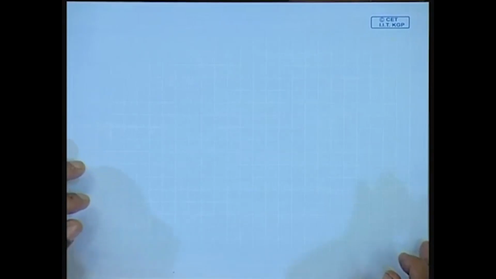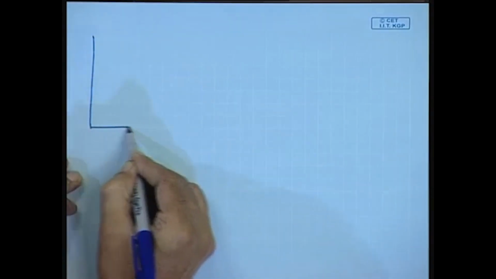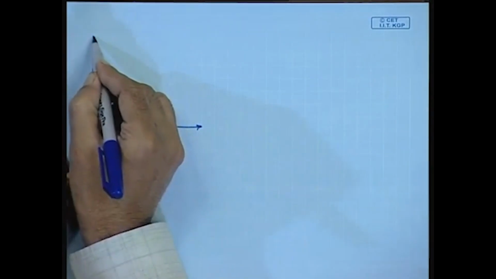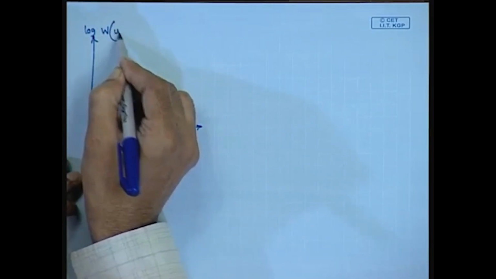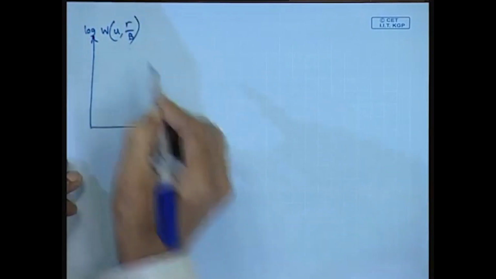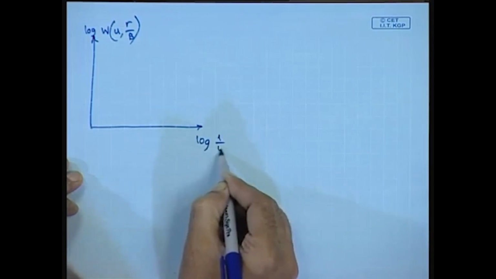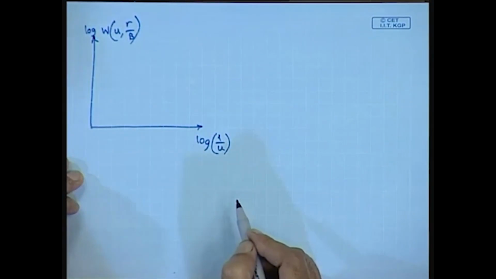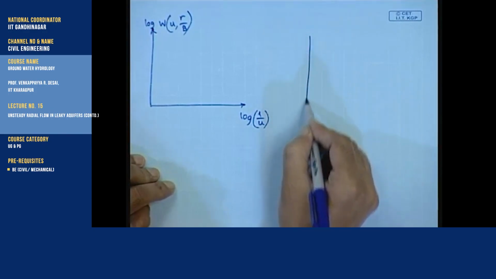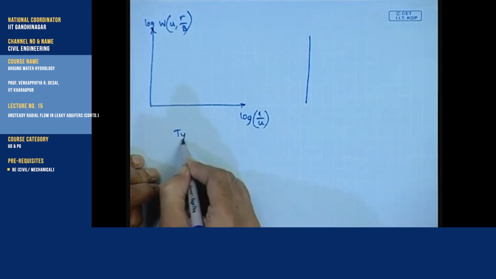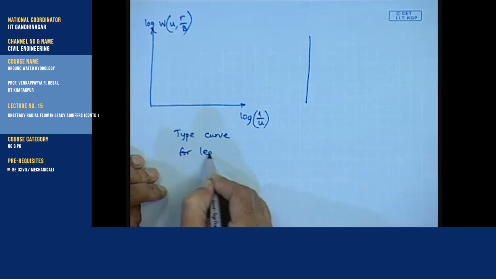What is done here is a log plot of log of W U comma R by B versus log of 1 by U, and then another. So this is the type curve for the leaky aquifer.